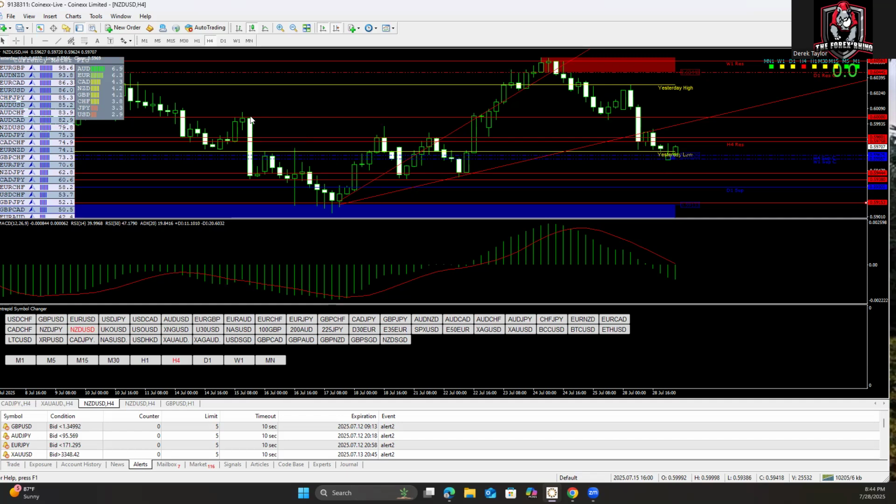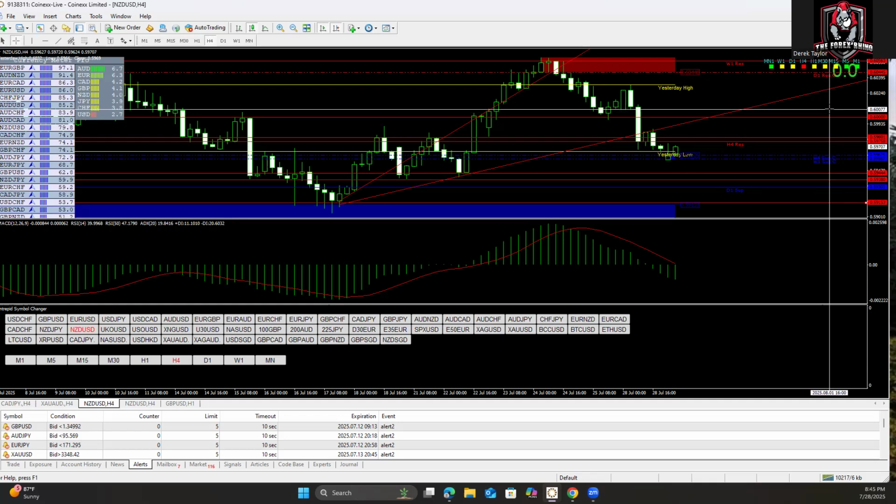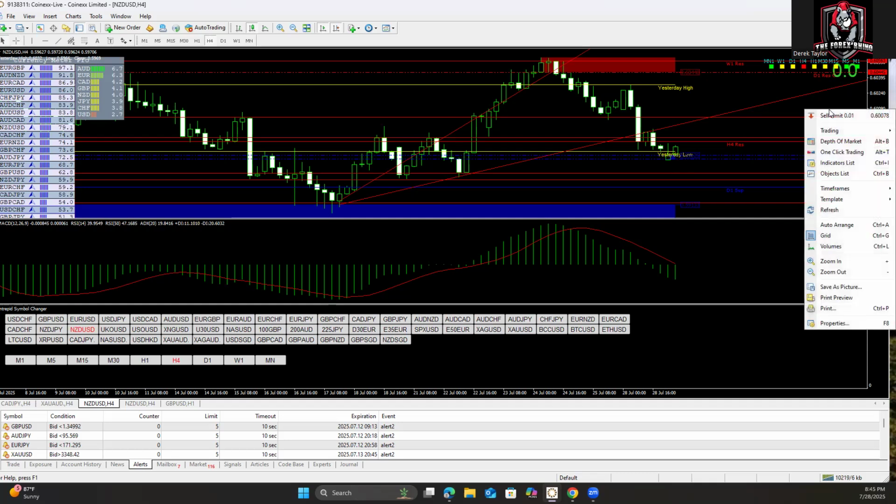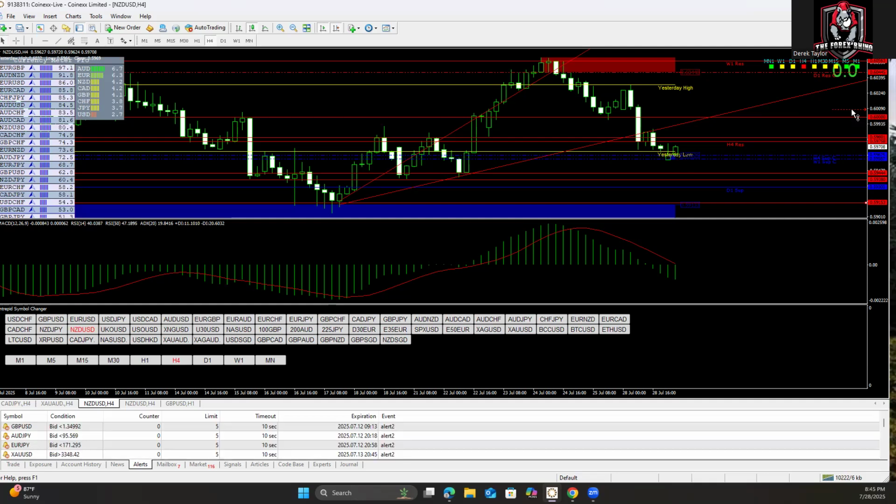Yes. Because now that whole line here is going to be my entry after the break of structure for the upper movement. And that line is so cold that I'm going to give you a buy peak right here.